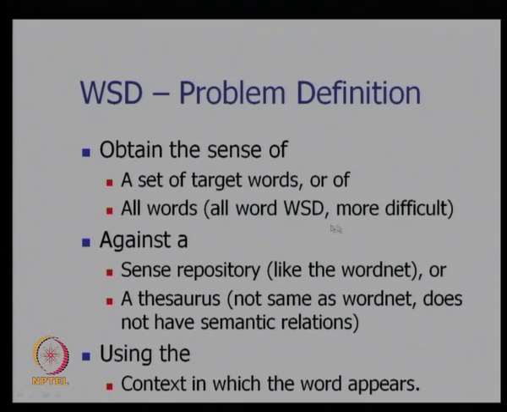This is a more difficult problem. It is done against a sense repository like the WordNet or a thesaurus, which is not the same as WordNet, as a thesaurus does not have the semantic relations, using the context in which the word appears. So, the key point is to obtain the sense of the word or words against a sense repository using the context.